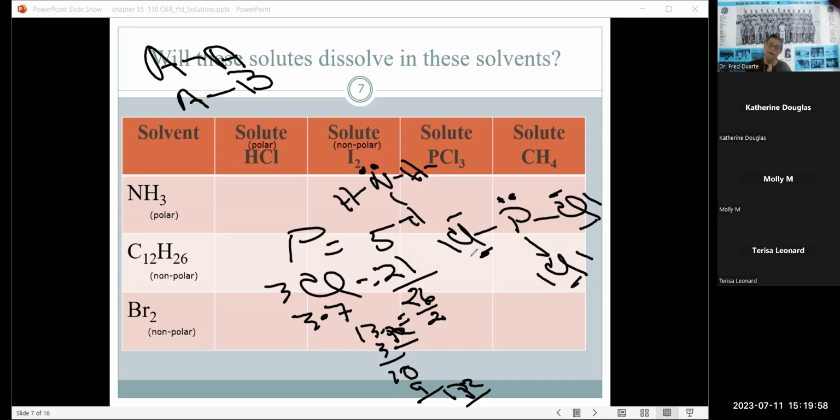Then on top of everything, you have a lone pair on the central atom. That's a bad drawing, but you get a lone pair on the central atom. Remember what I said about lone pairs on the central atom all the time? Polar, nonpolar?